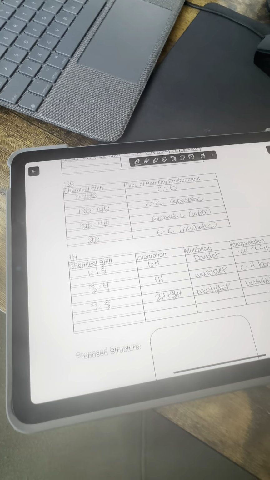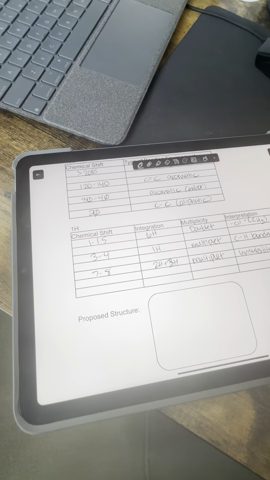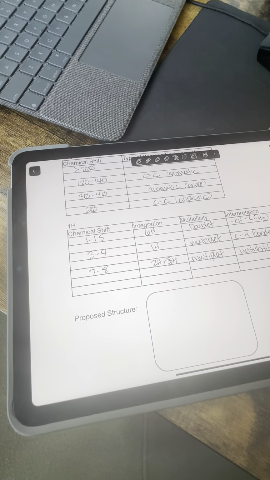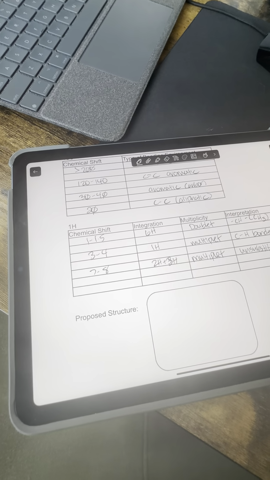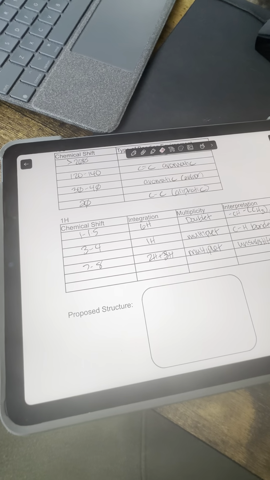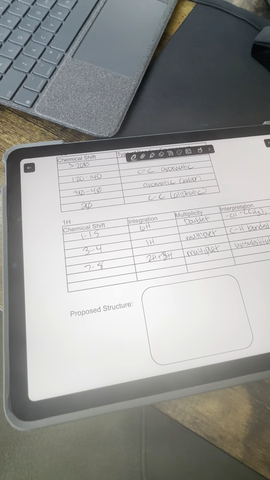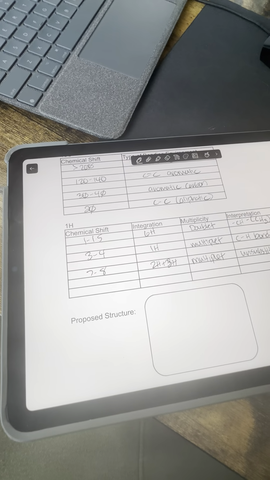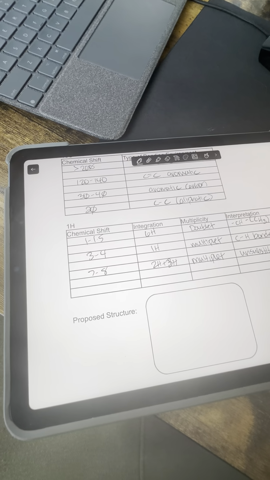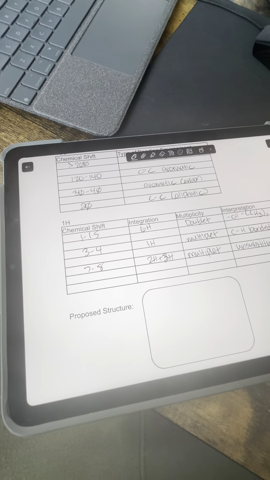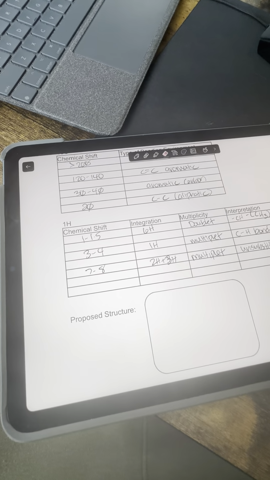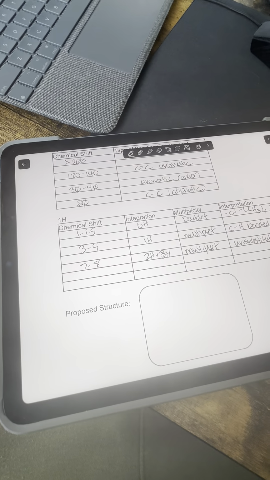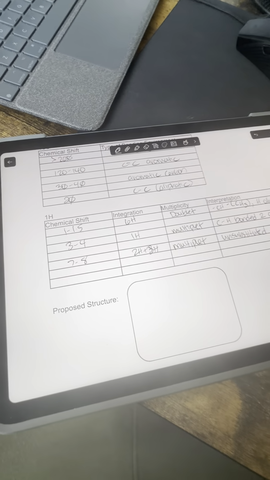Okay, that's what it was. So CH3 bonded to a hydrogen, with 6 protons. And then this one was the hydrogens of the methyl groups.